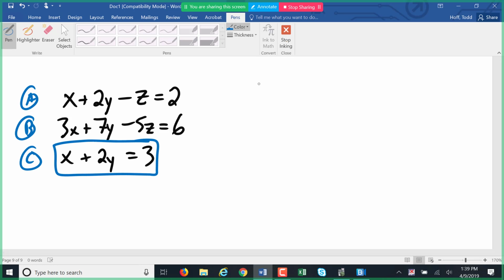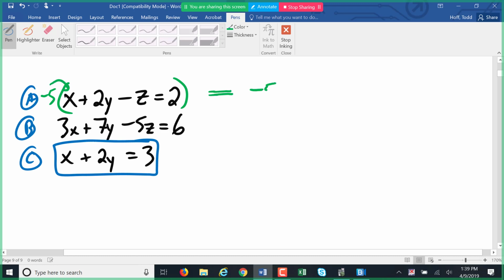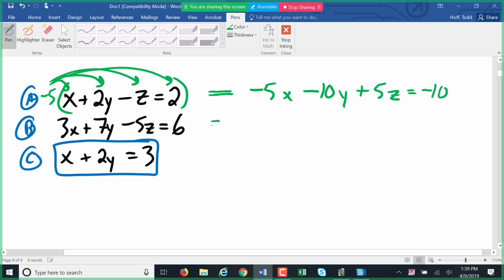So if I can combine these top two to get rid of z, and I'm going to do that by multiplying this top one by a negative 5. So negative 5 times x is negative 5x. Negative 5 times 2y is negative 10y. Negative 5 times negative z is positive 5z. Equals negative 5 times 2 is a negative 10. The bottom equation already has a negative 5z in it, so it's going to cancel the positive 5z, so I'm just going to leave that one as it is.